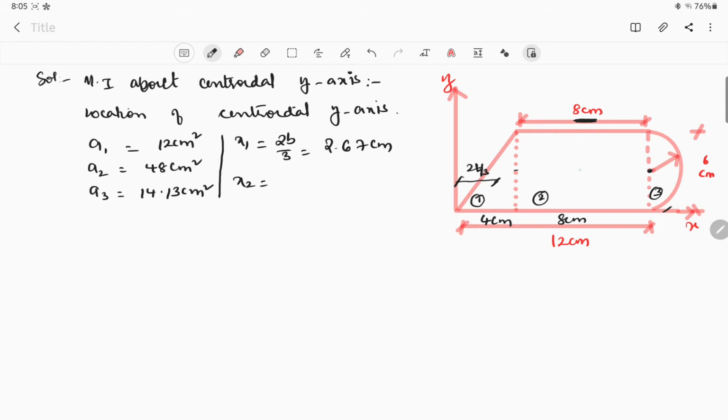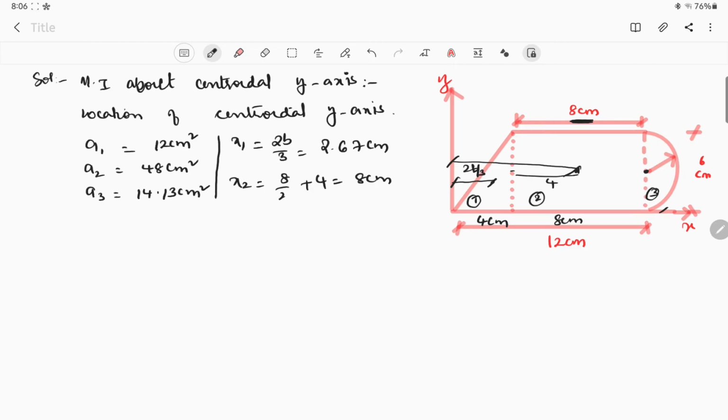What about x2? Suppose this is the centroid. From here to here we need the distance. This distance is 8 by 2, which is 4, plus 4, which is 8 centimeters. So 8 by 2 plus 4 is equal to 8 centimeters. Then we have x3.